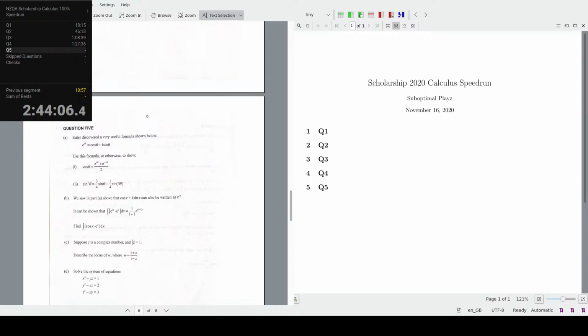I'm just gonna try just elimination again. Because what do you get? You get y is equal to x squared minus 1 on z. Then if you sub that in, you get x to the 4 minus 2x squared plus 1 on z squared minus xz is equal to 2.